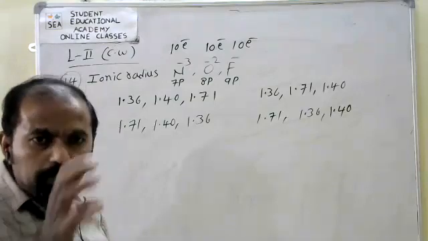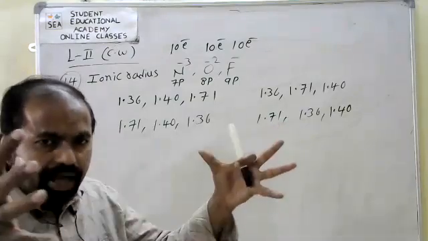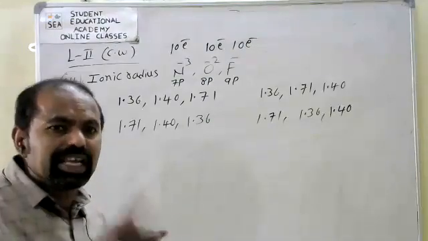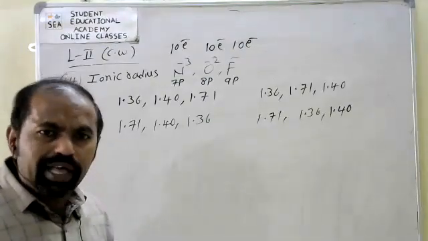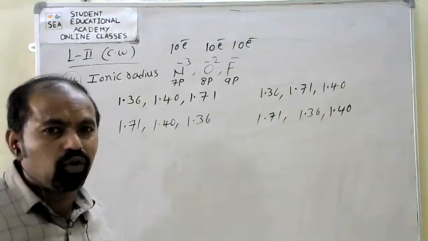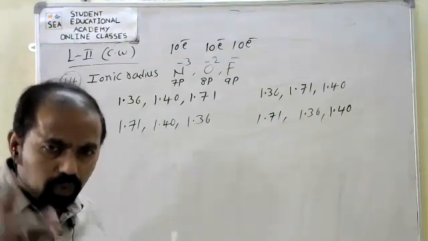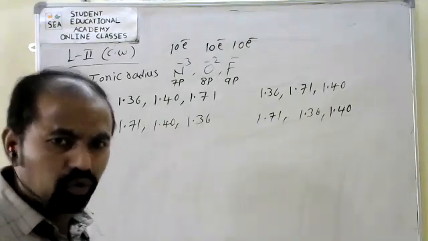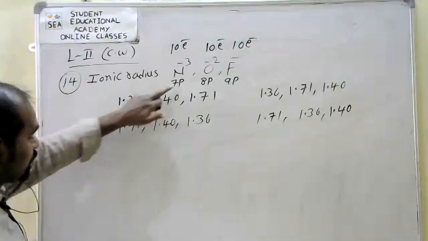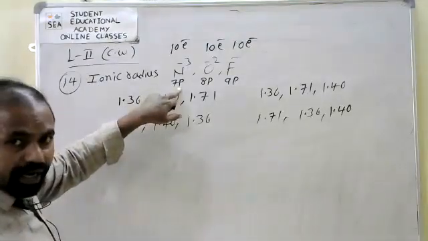So more protons, more attraction, and the atoms come close. Fewer protons, less attraction, and the atomic size is more. Nuclear attraction more means atomic size less. Fewer protons, more radius. Nitrogen with 7 protons has the largest ionic radius.